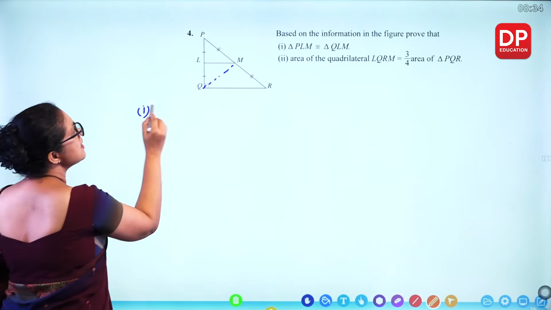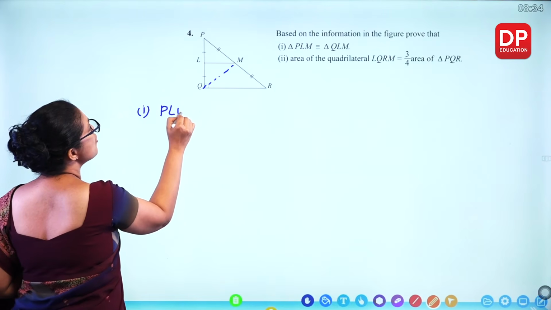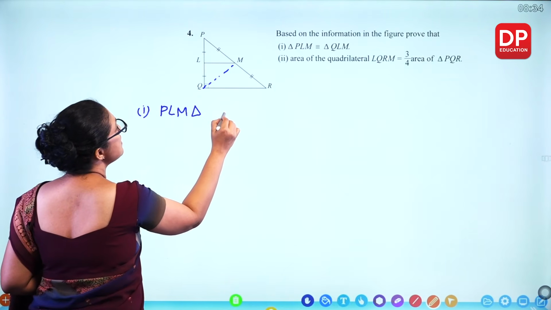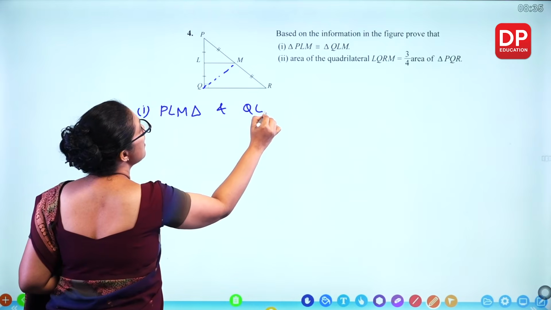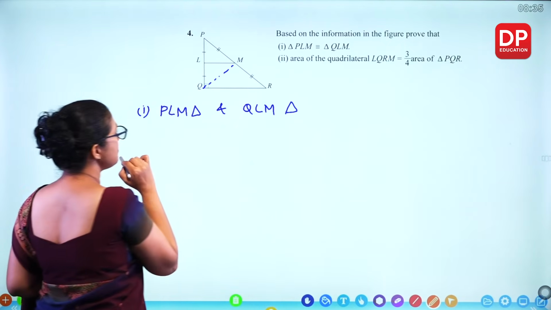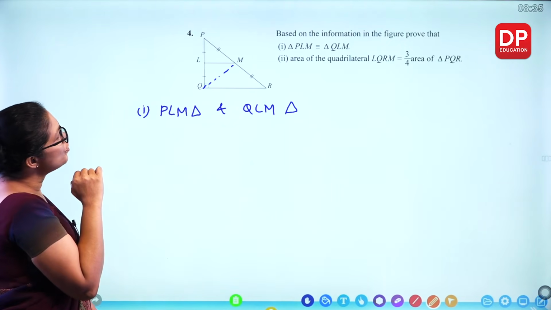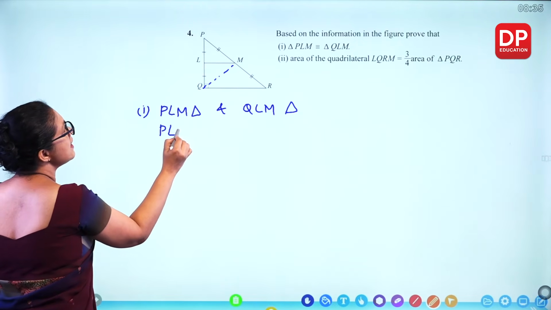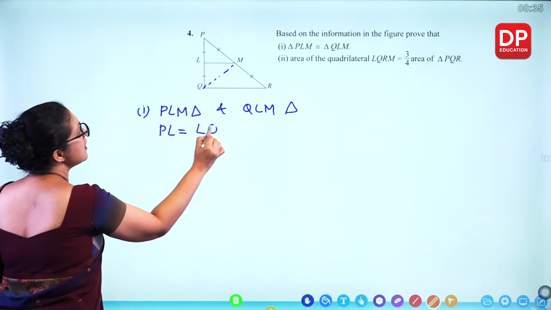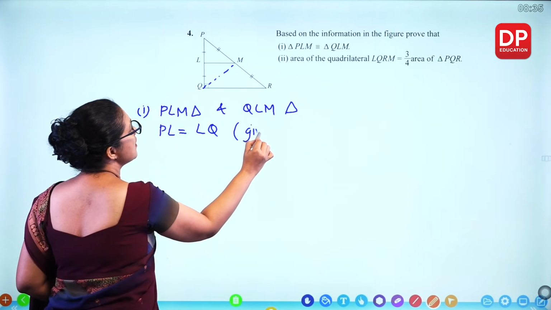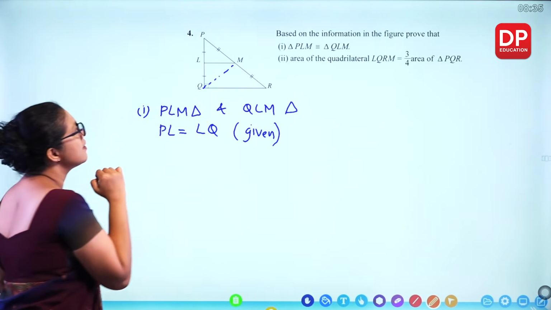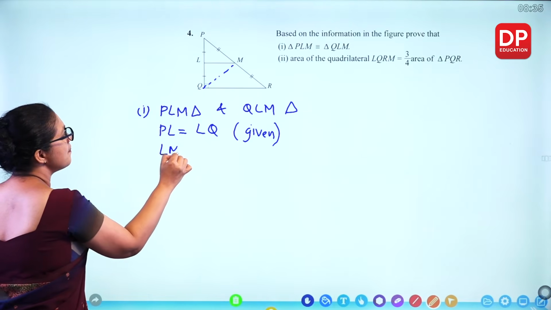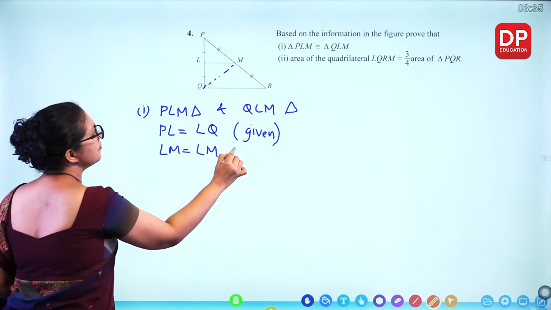So we'll take that PLM triangle and QLM triangle. What do you know? We know PL is equal to LQ. That's given. And LM is common.